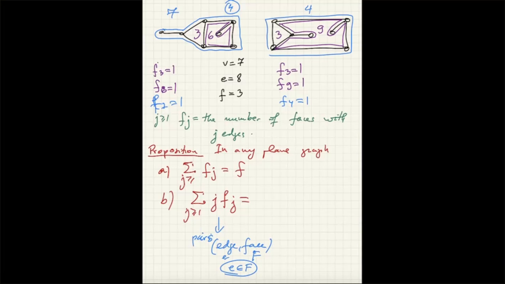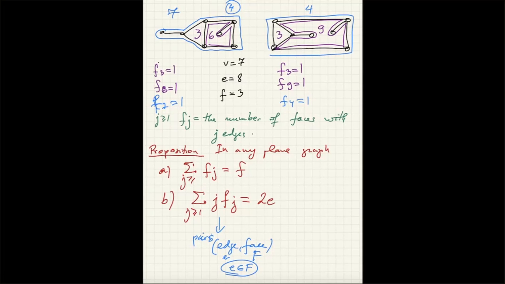Each edge is on the boundary of 2 faces, not necessarily distinct. So by that double counting, this equals twice the number of edges. So you can check this result on these examples. So again, even if the face vectors are different, you still have this equation.